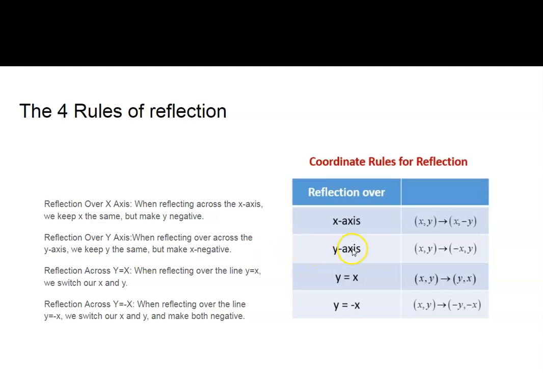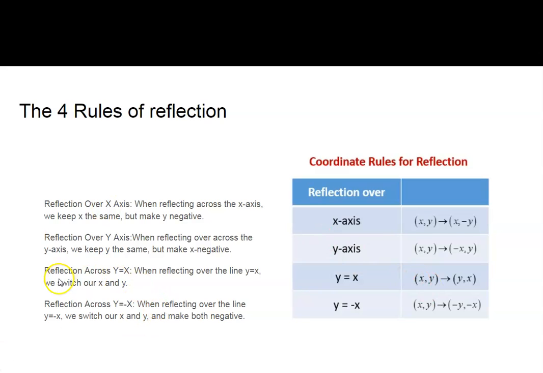And then looking at the y-axis, what I was picturing in my head when I was saying this: reflection over the y-axis. When reflecting across the y-axis, we keep the y the same, but x becomes negative. That's because when we're folding along the y-axis, the x value is changing, but the y value is staying the same.